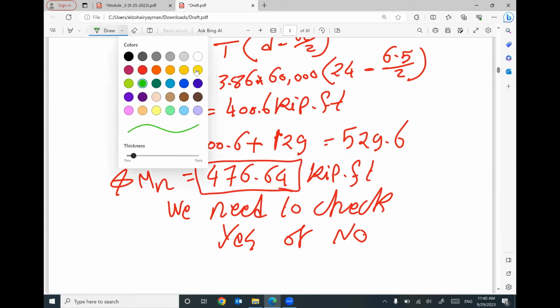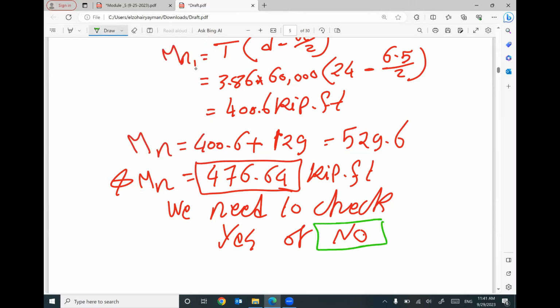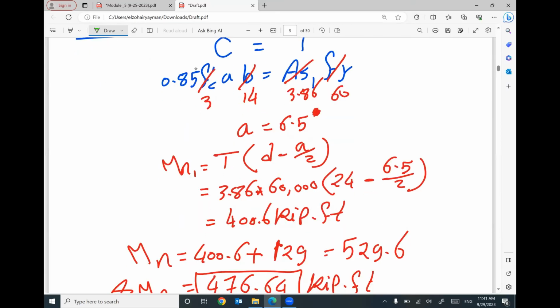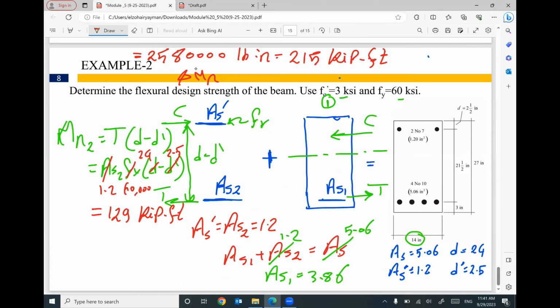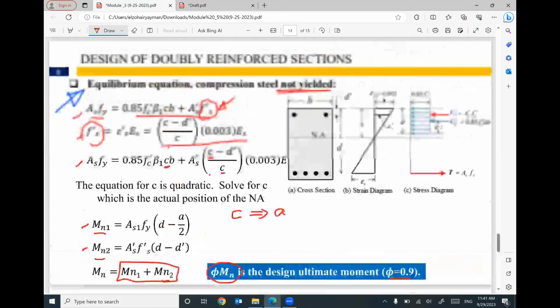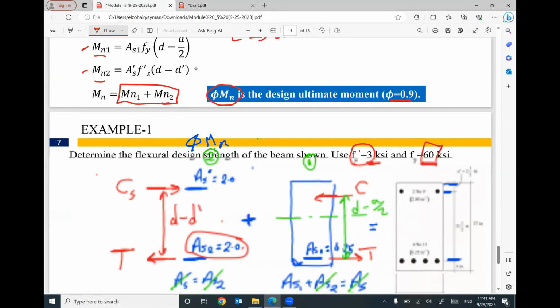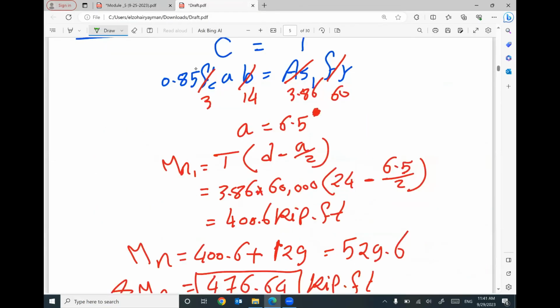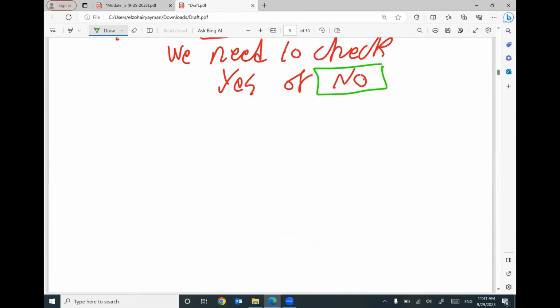If you answer no, unfortunately, all of these calculations are useless. We need to remove them and start from scratch using this slide. That makes sense? So let's start to check, and hopefully the answer is yes, but I think no.